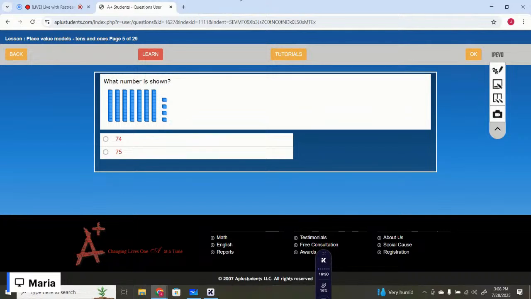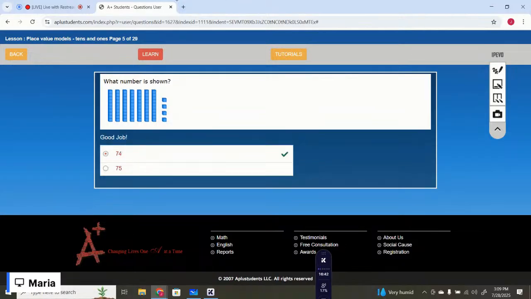What number is shown? That is 1, 2, 3, 4, 5, 6, 7 tens and 4 ones. So together they make 74.